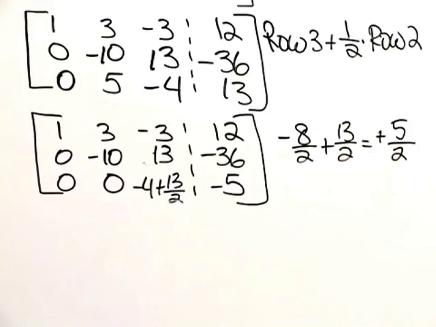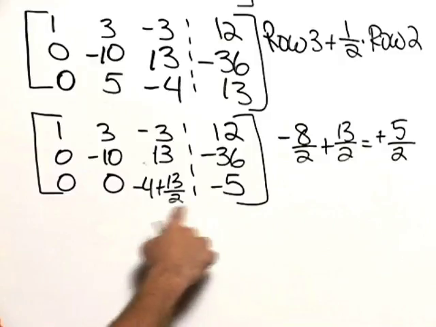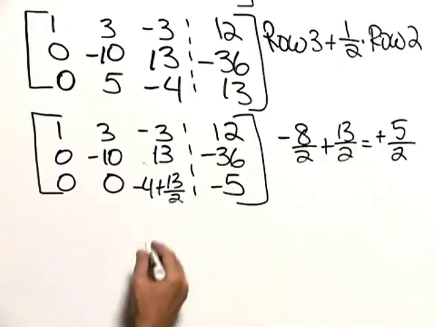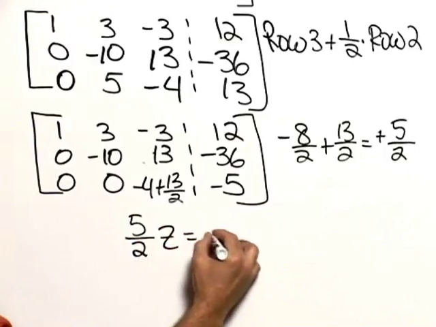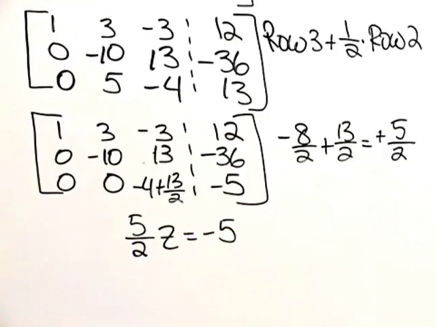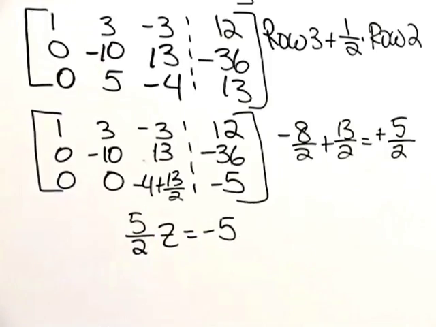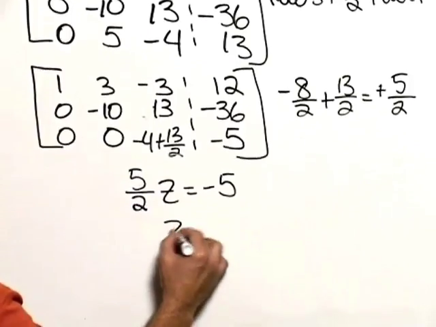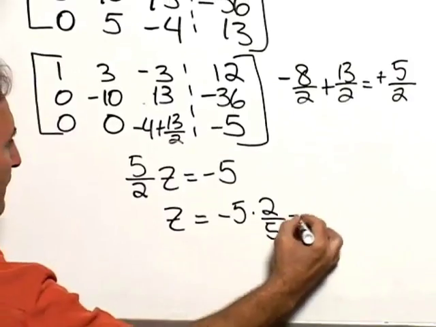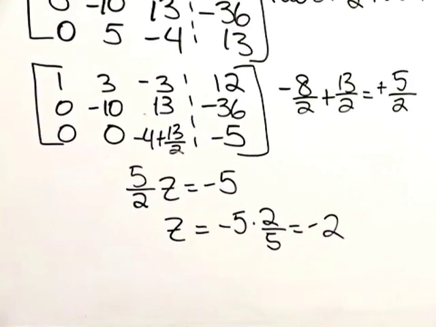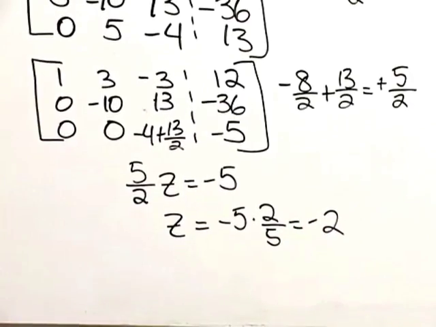So now the equation from row 3 would be 5 halves z equals negative 5. Multiplying both sides by the reciprocal of 5 halves, which is 2/5, gives us a value of z: negative 5 times 2/5 equals negative 2. That's the value for z.